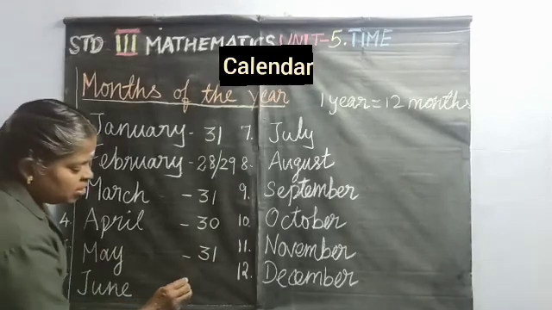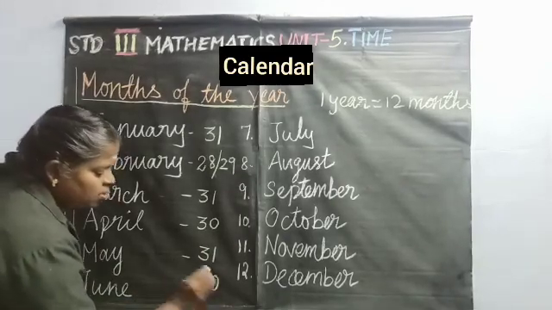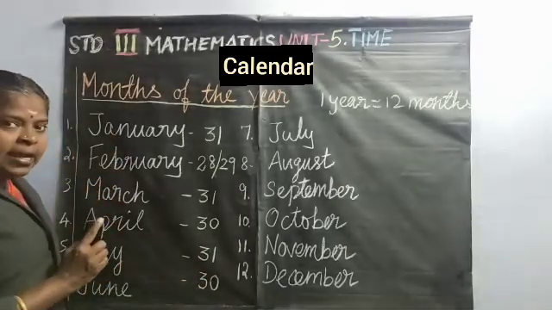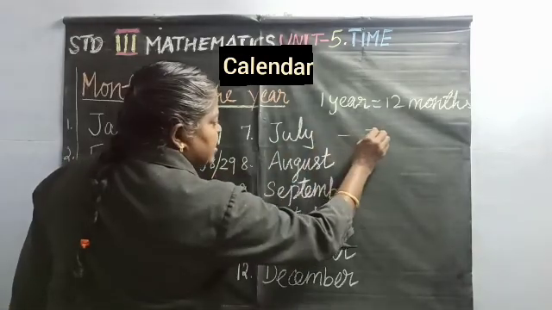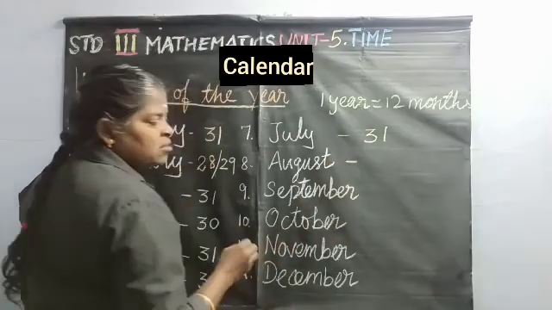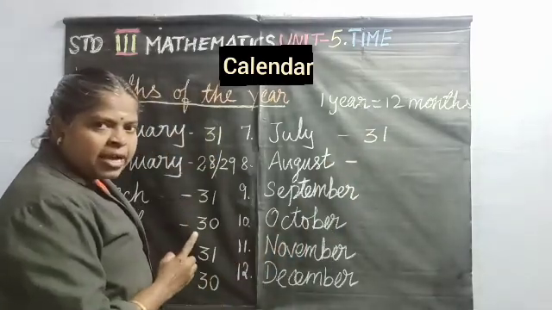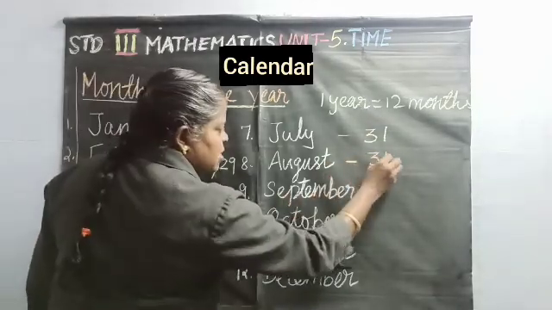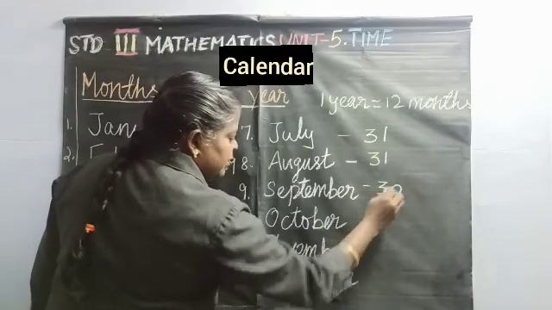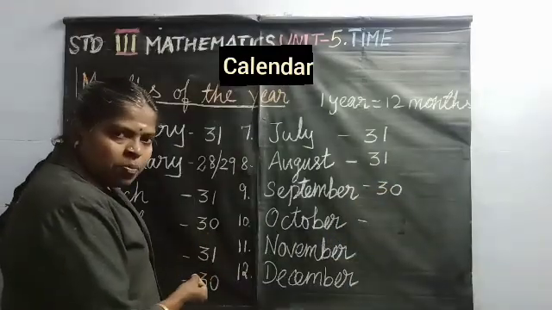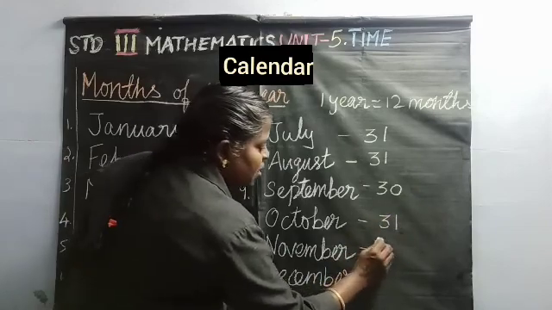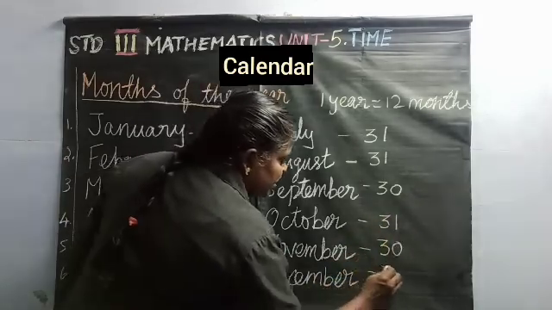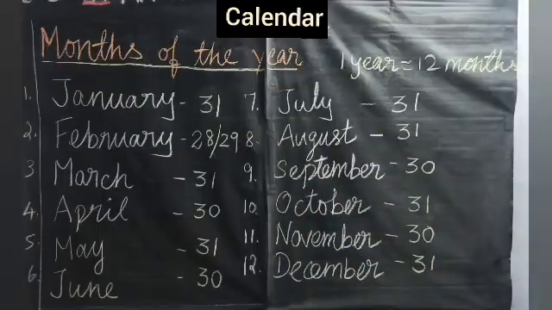June, 30 days. July has 31 days. August, how many days are there in August? 31 days. September, 30. How many days are there in October month? October has 31 days. November, 30. And December, 31.